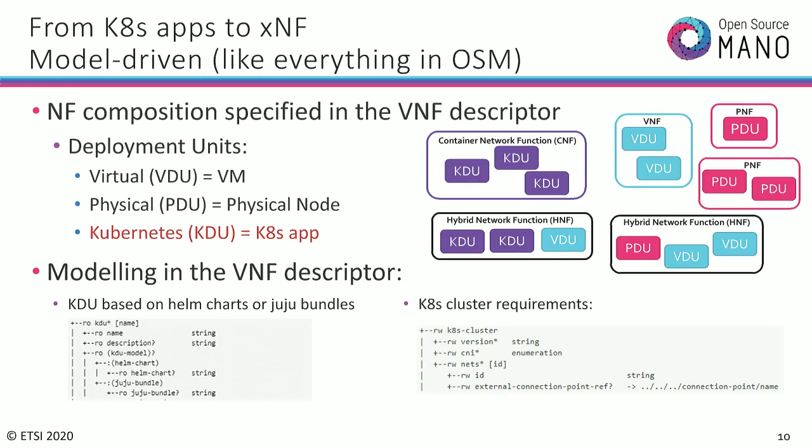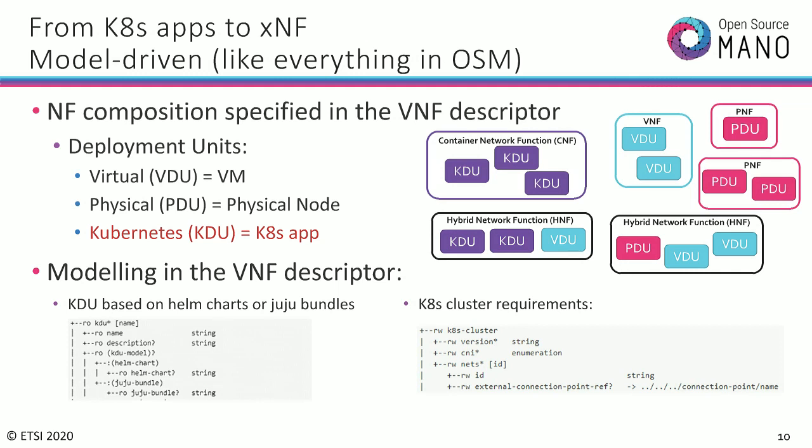They could be virtual, physical, or a Kubernetes application, or a mix of them. So we could have a pure virtual network function with only virtual deployment units or virtual machines. We could have a pure physical network function consisting of a single PDU or a set of PDUs.